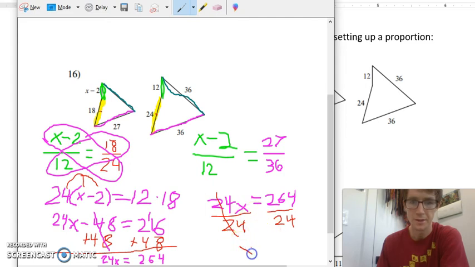So x equals 11, and that's your final answer for number 16. Just keep in mind I could have solved this other equation instead. I just chose to do it a different way. It doesn't matter. The main point is that you're using corresponding sides as your proportion.